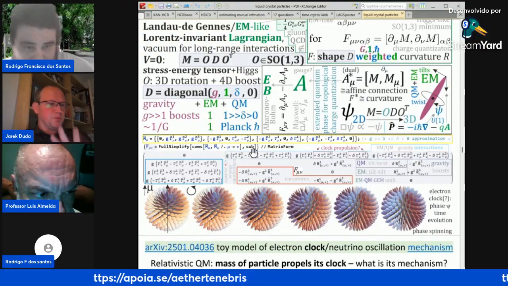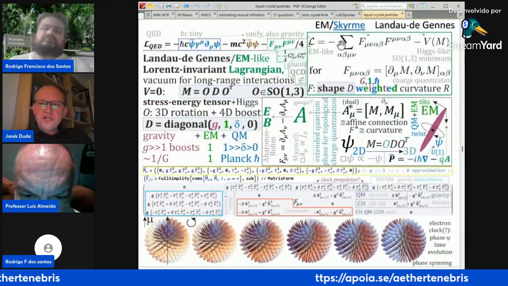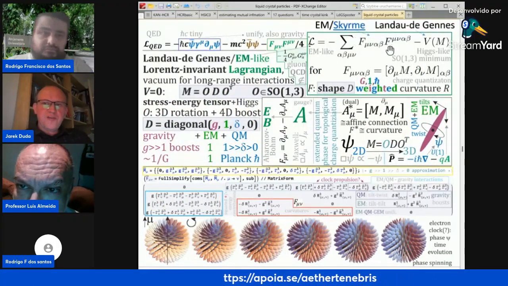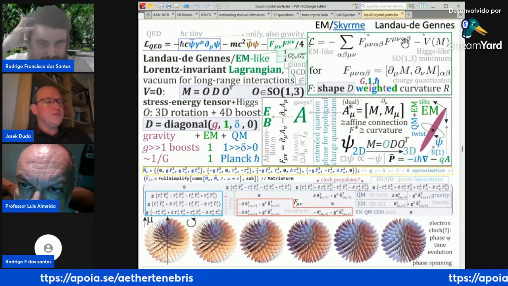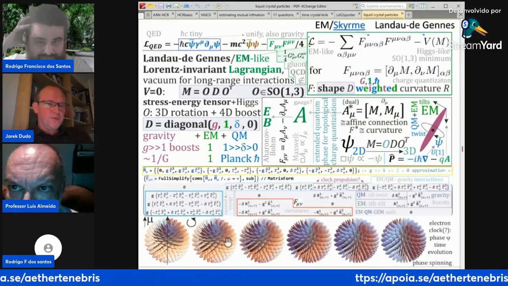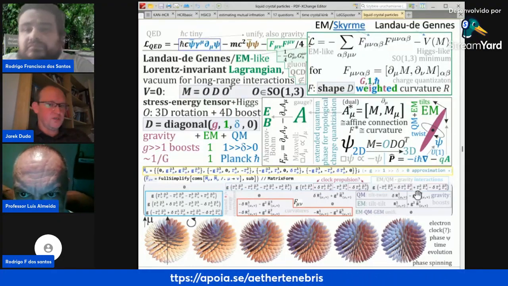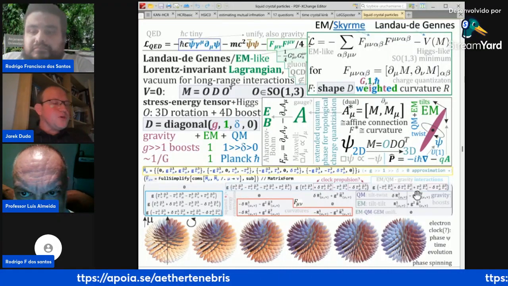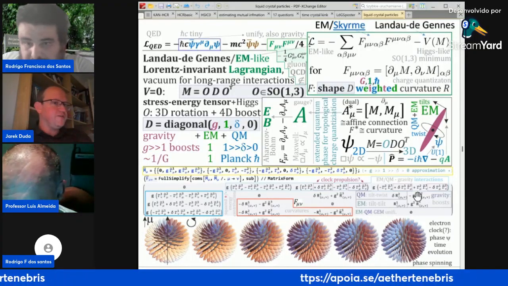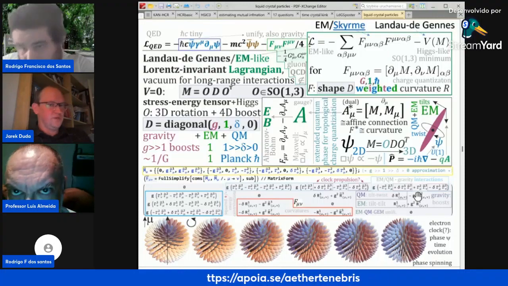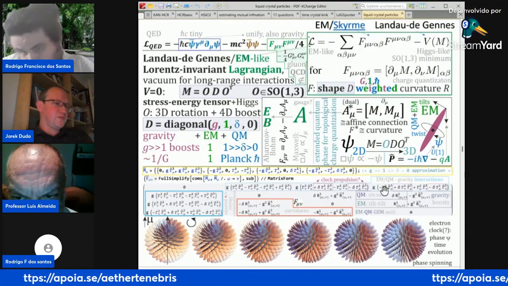In this model, the explanation is that having this kind of Lagrangian, this F with four indexes, if we transform to the Hamiltonian, we get both positive and negative terms. The red are positive, the blue are negative terms because of the space-time signature. And these negative terms give preference for oscillation, so a non-zero time derivative for the electron, for the neutrino. So this is crucial, and also for the gravitational mass.